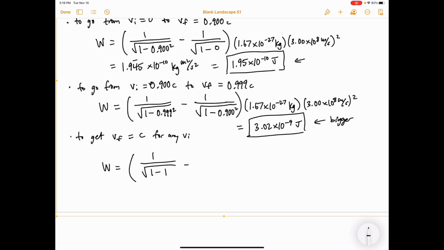And then we subtract something here, it doesn't really matter what it is, times mc squared. But here, focus on this term. This is 1 over 0. That's going to approach infinity. So, as we approach the speed of light, the energy required to accelerate an object to that speed starts to approach infinity, which is another way of indicating, as we've seen before, that hitting the speed of light or exceeding the speed of light is not possible for any object.